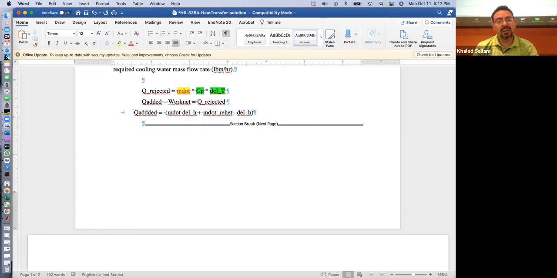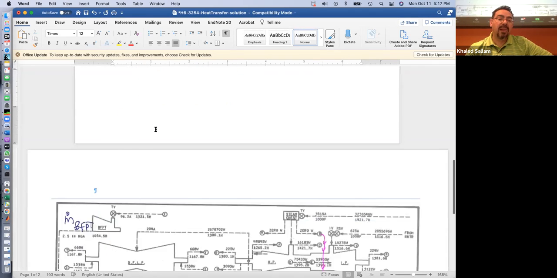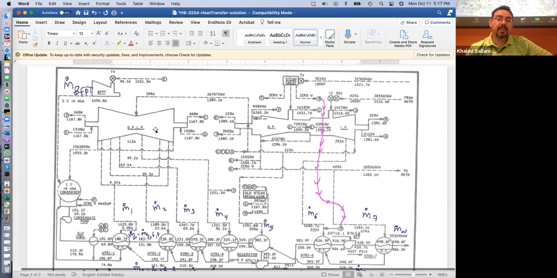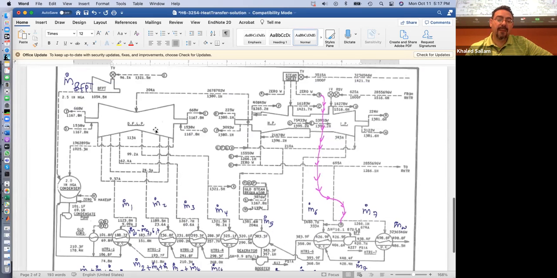Was this hard? Yes, no? Was okay, right? I think the hardest part was reading the diagram, kind of understanding it all. I mean, it's the third, fourth time we've seen it, but I know I'm still struggling with it.